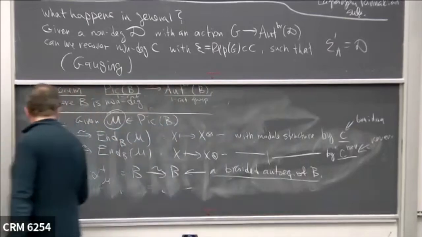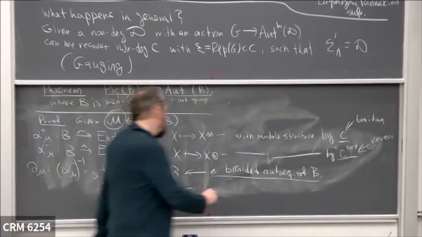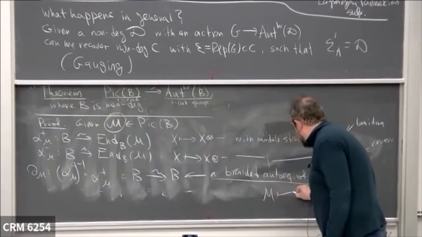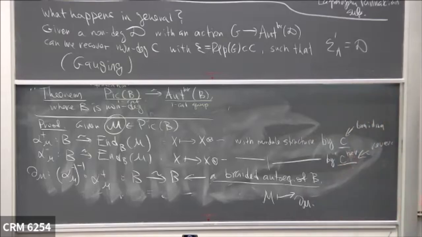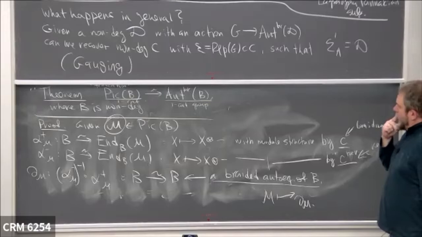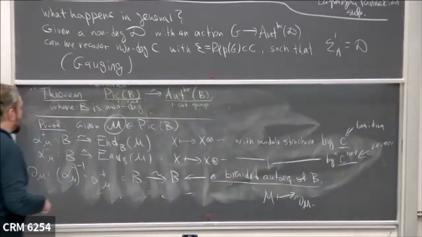Let's give this a name, like D. So we constructed an assignment that goes from M to D of M. This assignment over complex numbers is an equivalence. Again, proving this would require some work, but at least I gave the definition.